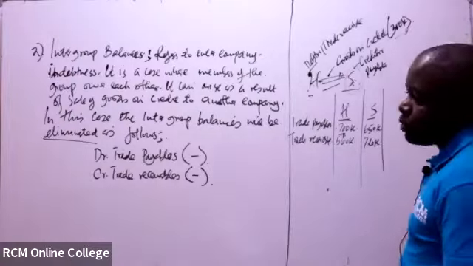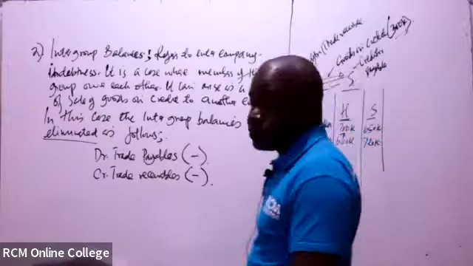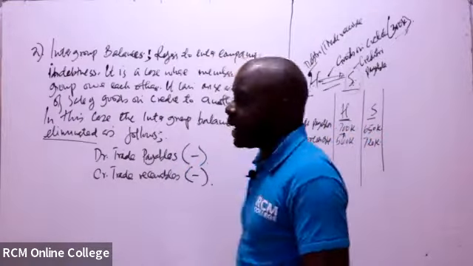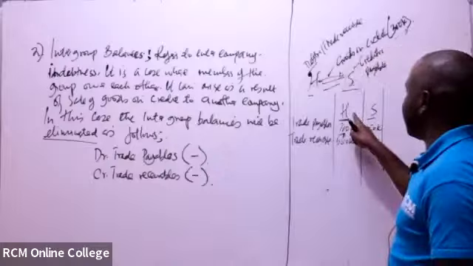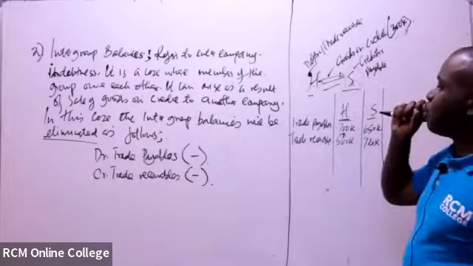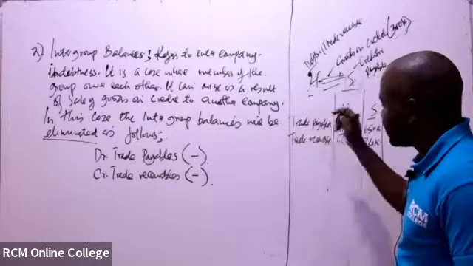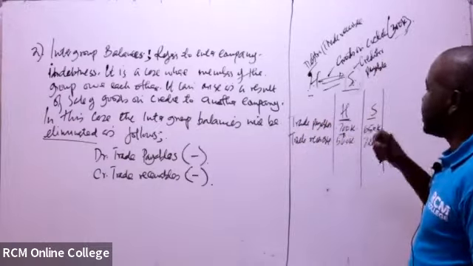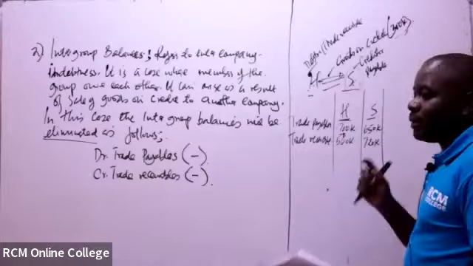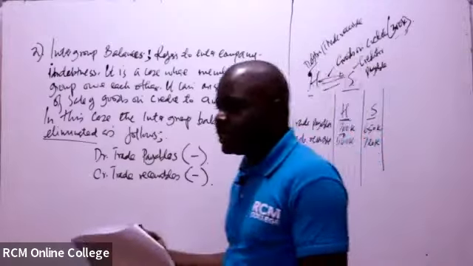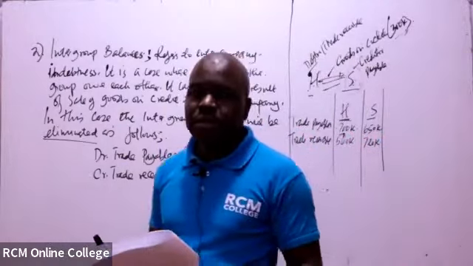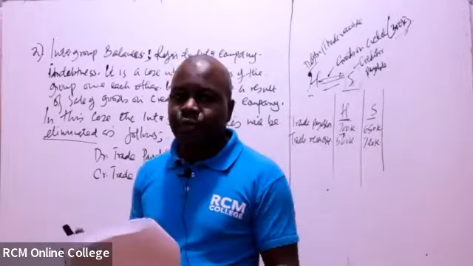When you talk about consolidating, because that is what you are learning, you combine the books of accounts of the holding company and those of the subsidiary. For the statement of financial position, you add them line by line. If assets, you add them line by line and put them together.